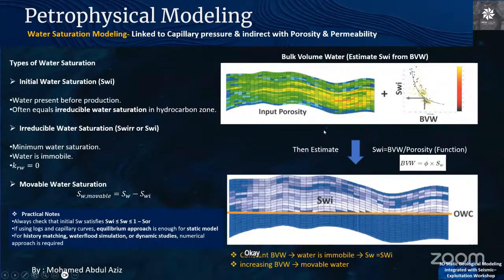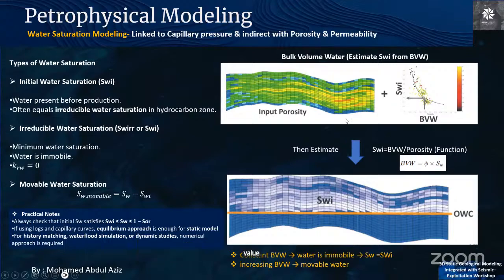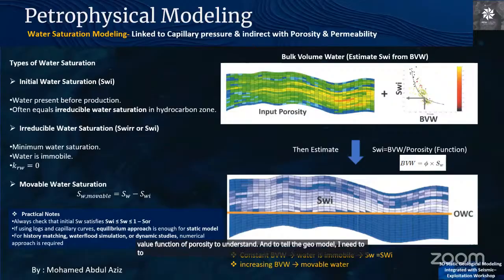Once you have an input porosity, you have to check your BVW against the initial water saturation in order to come up with the BVW value as a function of porosity, to tell the geomodel I need to make an equilibrium approach, with no need for doing a propagation for water saturation.